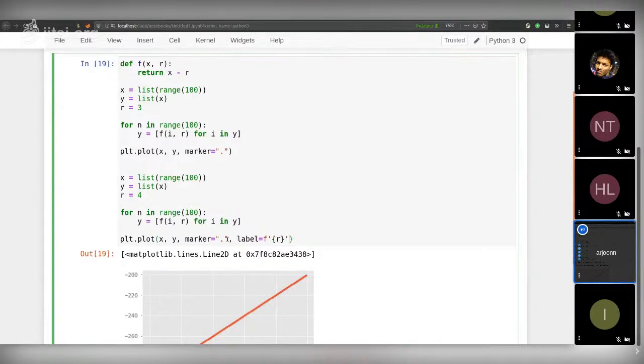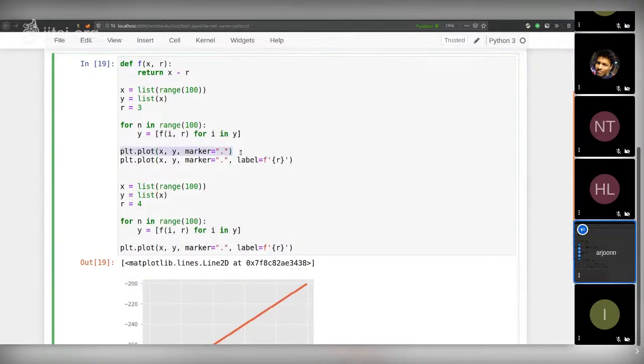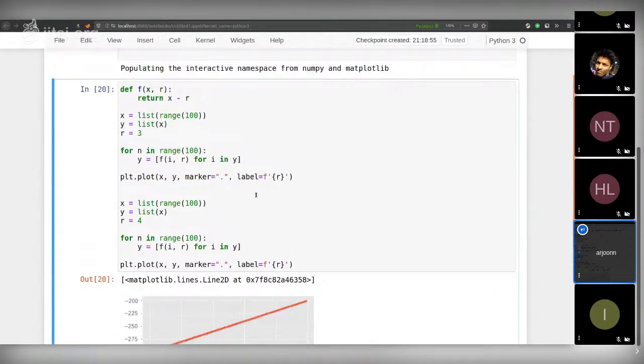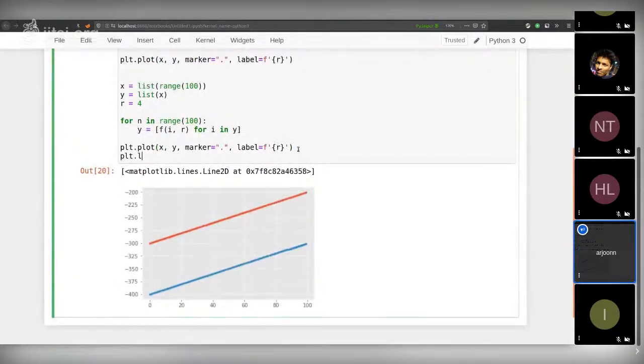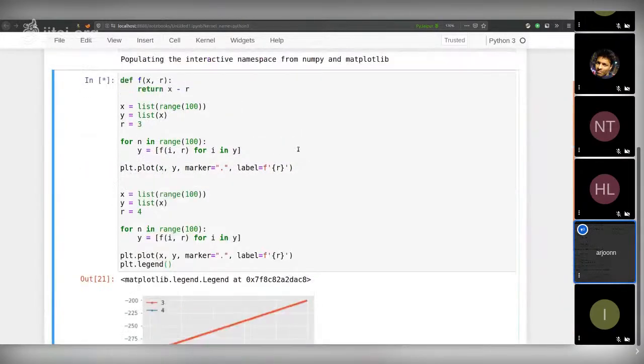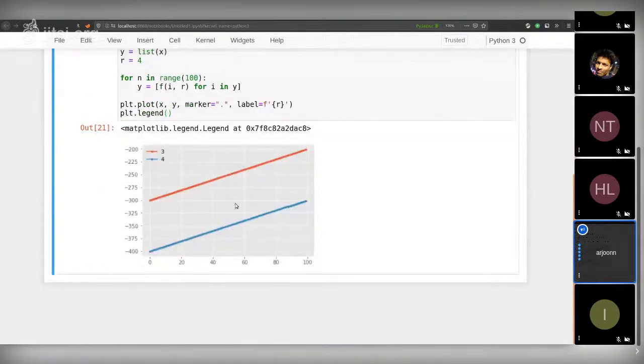So you've got this little thing going on, which plots two lines for you, 1 and 2. Even though r keeps on changing, the nature of these values is the same.